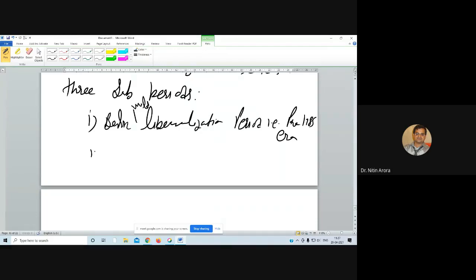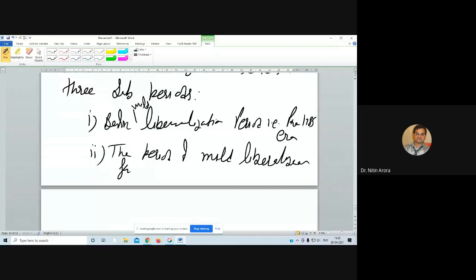Number two, the period of mild liberalization growth rate.